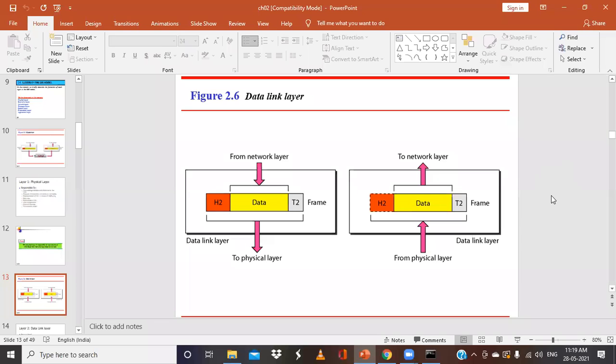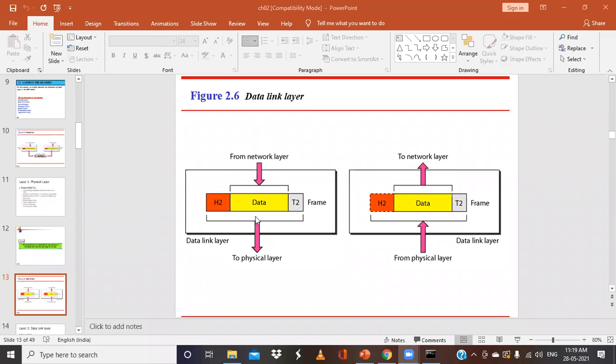As you already know these things, basically it receives the data from the network layer, and it will make packets or it will make frames. Somebody is telling packets, somebody is telling frames. What is the correct one? Frames, sir. So from the network layer, whatever data it is accepting will be in the form of packets.